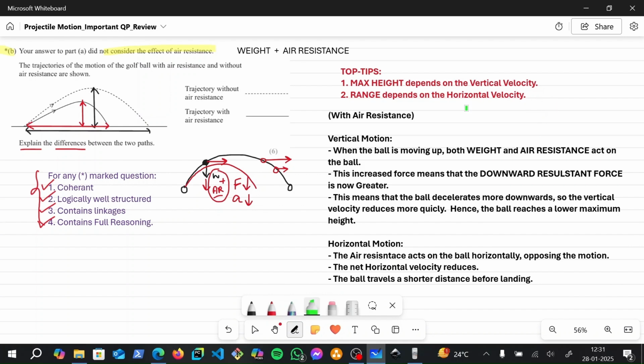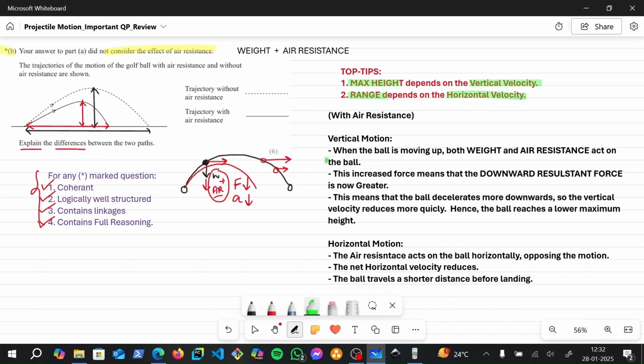For a quick review, you must know the top tips here. If the vertical velocity changes, the max height will change. If the horizontal velocity changes, the range of the projectile will change. Here we have to explain the difference between the two paths, max height and range. These were the only two differences between the two trajectories, and it's all because of the two components of the velocity.